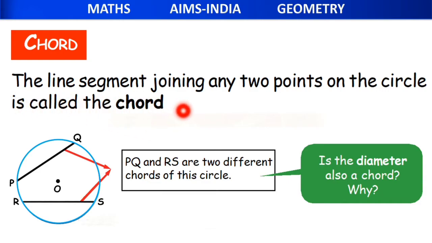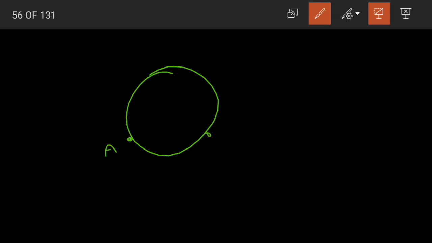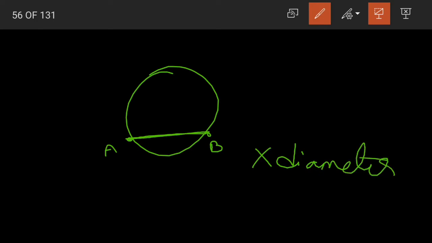For example, if I am drawing a line, this is point A and point B. Now I am joining these 2 points by a line segment. This is not a diameter. Then what is it called? It is called a chord.